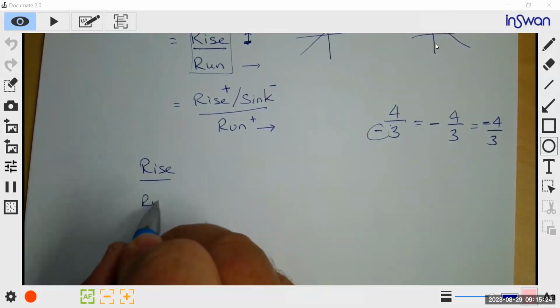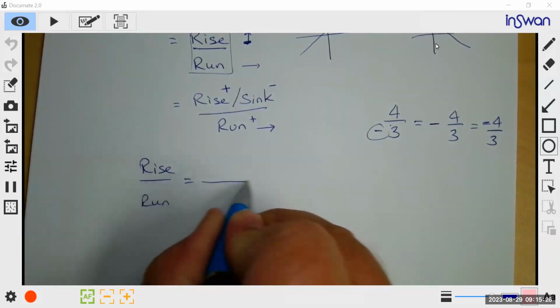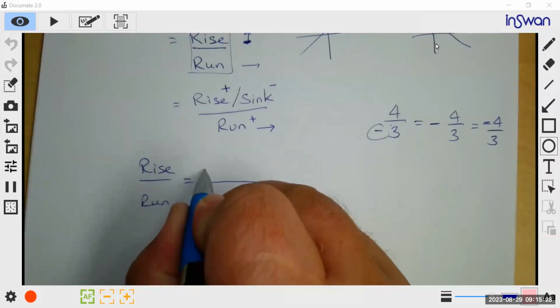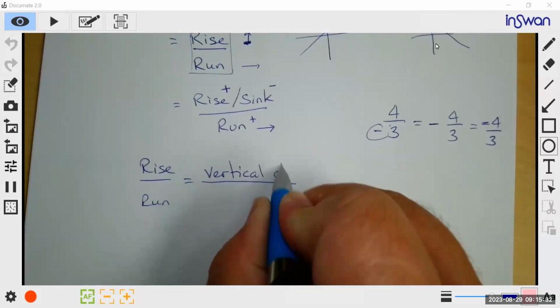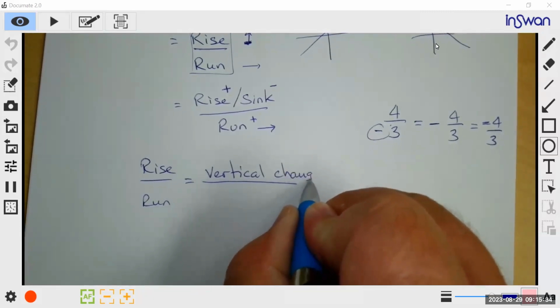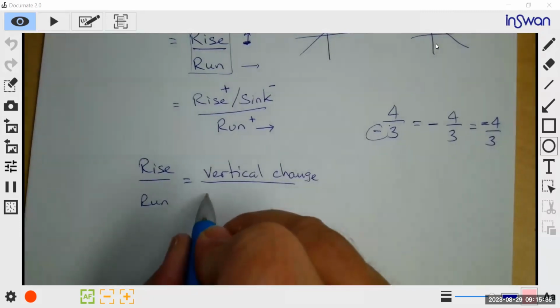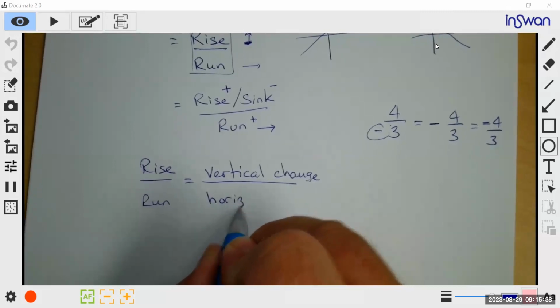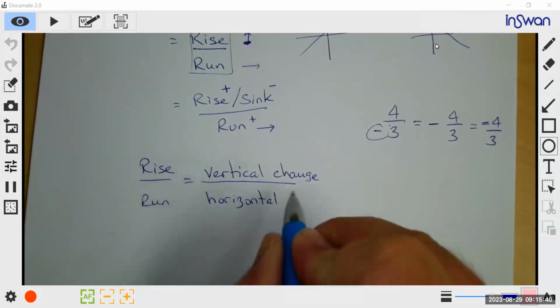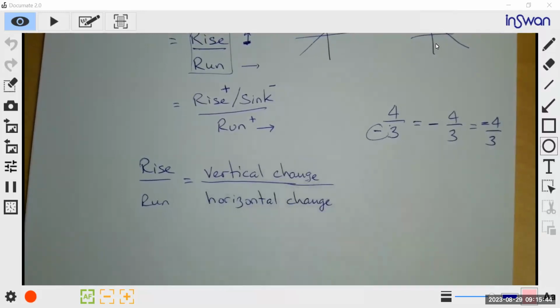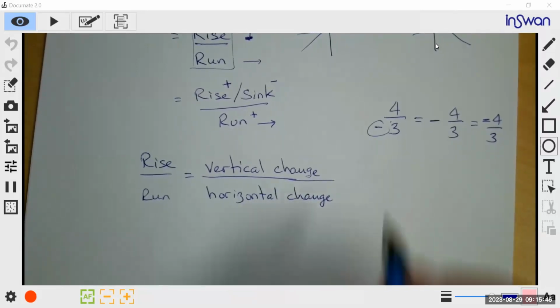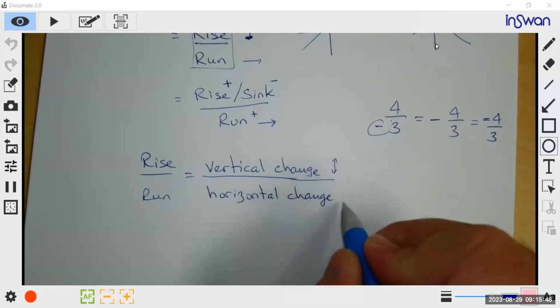So now, just for simplicity purposes, we'll look at this. Rise over run. Basically what this means is the vertical change over the horizontal change. Vertical goes up and down.